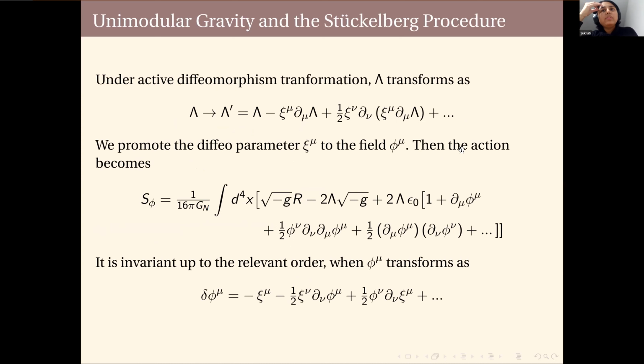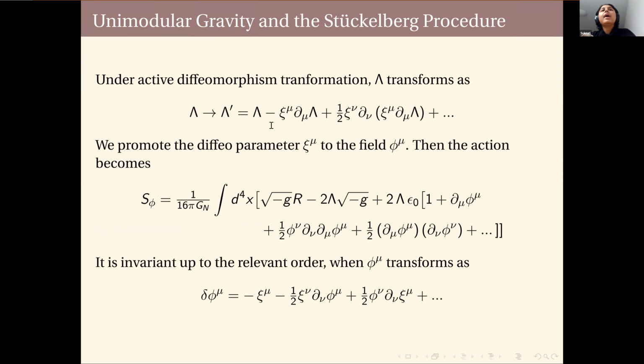So I will first talk about the active transformations in which we transform the fields. This is the infinitesimal transformation of the Lagrange multiplier. Here, xi mu is the diffeo parameter, and these transformations are up to the second order in the transformation parameter.